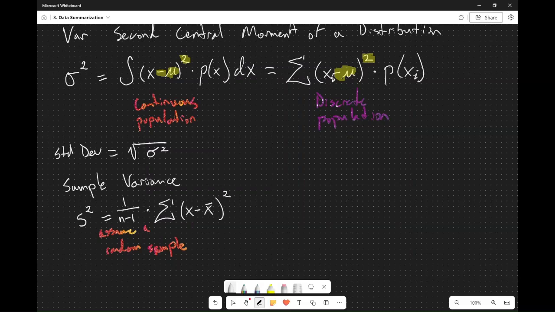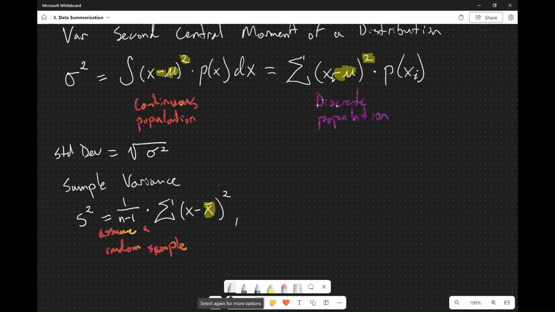What's happening here is that in the population, I knew the population measure of center. However, when discussing a sample variance, I don't know the population measure of center. I only know the sample measure of center, x bar, our sample mean. Because of that, I need to consume a degree of freedom from our sample in order to calculate the probability of each individual in the sample. All right, so this is our formula for our sample variance.